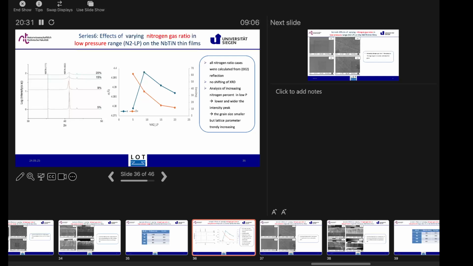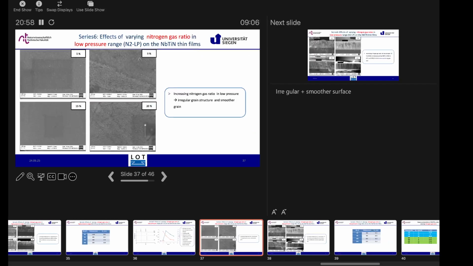With higher percent in low pressure, we get a lower XRD peak, but wider. From the analysis on the right-hand side, all the grain sizes, the black curve, tend to be smaller. However, the lattice parameter tends to increase, only once from 5 to 9%, and then slightly decreases.